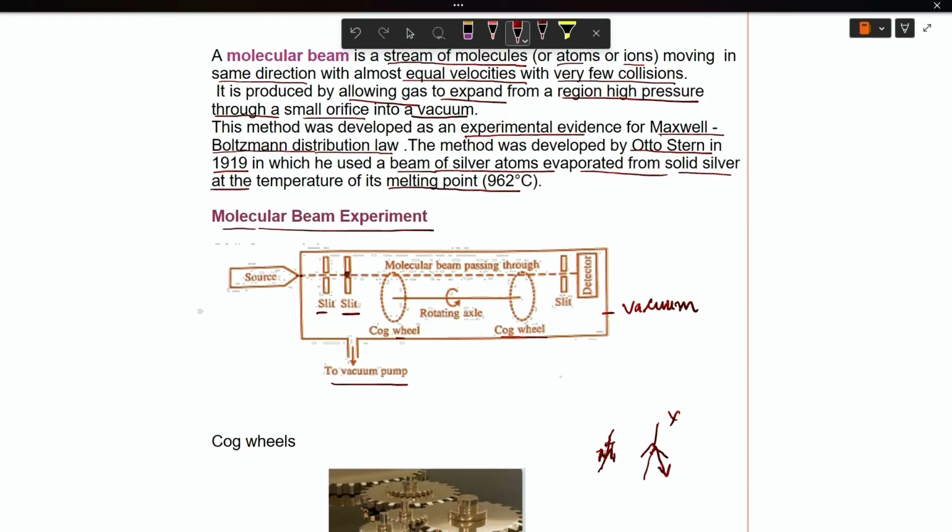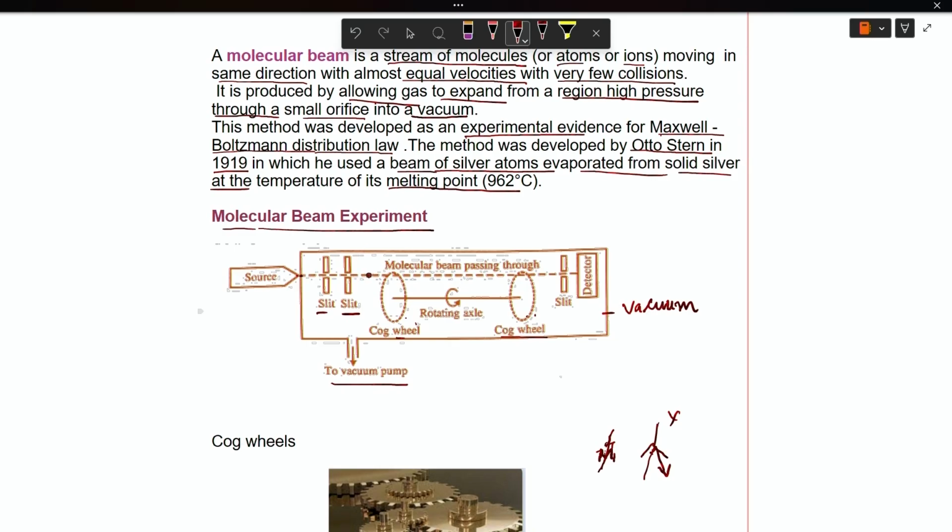Now, this molecular beam then enters a rotating axle fitted with two cog wheels. Here we have an axle connected to these two cog wheels, and this keeps on rotating. What happens is the cog wheels also rotate along with it.